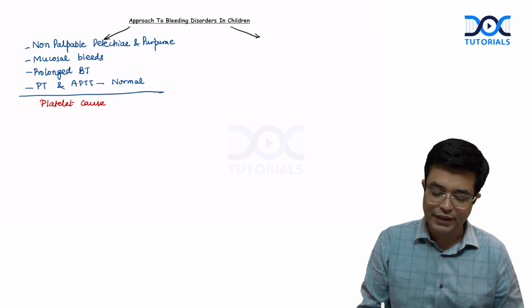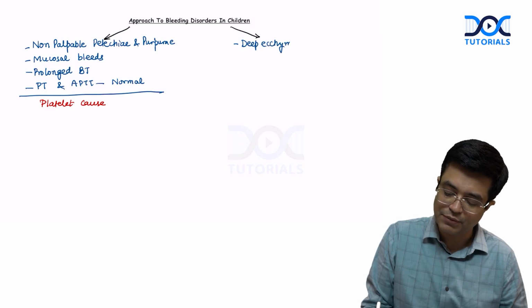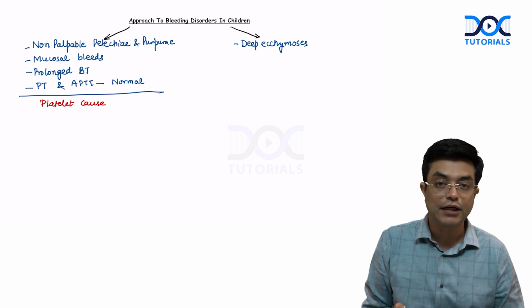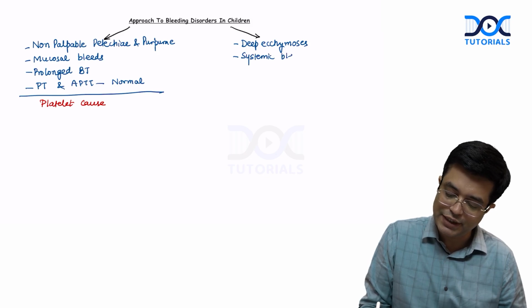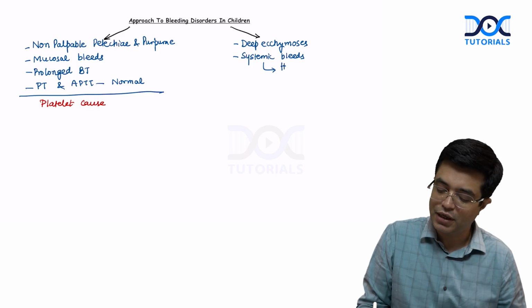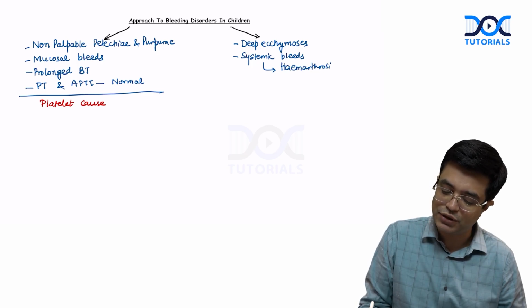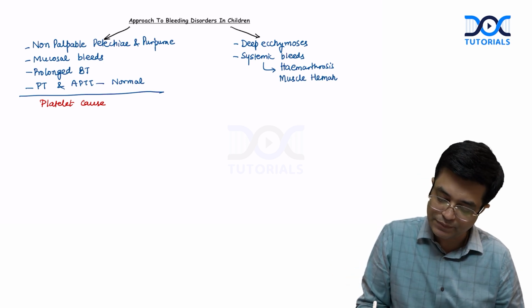On the other hand, in case the examiner says that there is a child with deep ecchymosis, ecchymoses being large confluent areas, the patient is having systemic bleeds. Systemic bleeds means there are deep-seated bleeds, particularly hemarthrosis, bleeding inside the joint, and muscle hematomas.